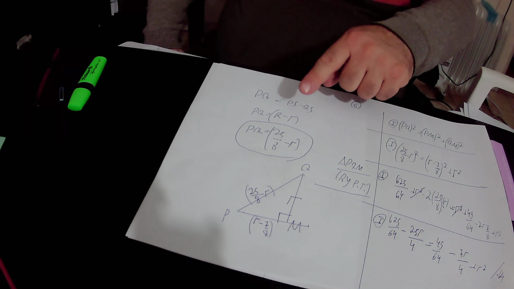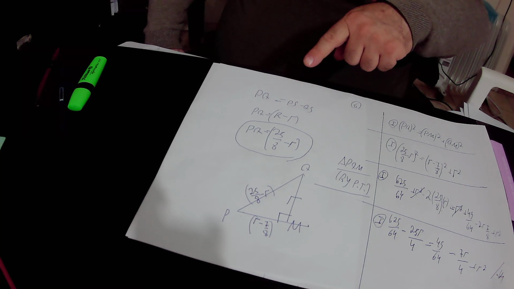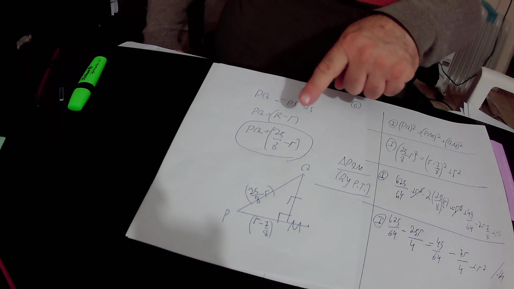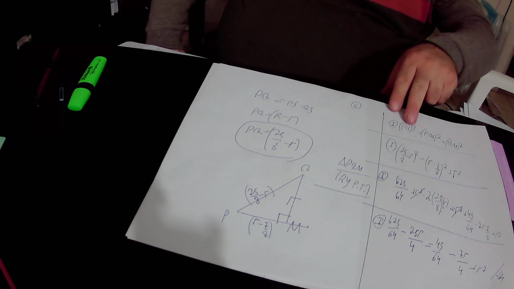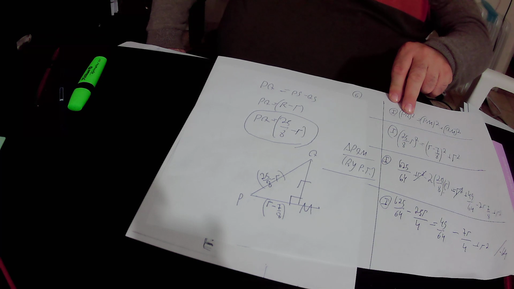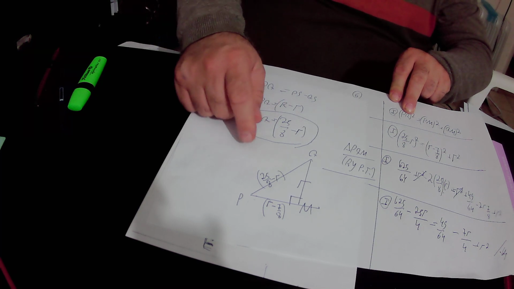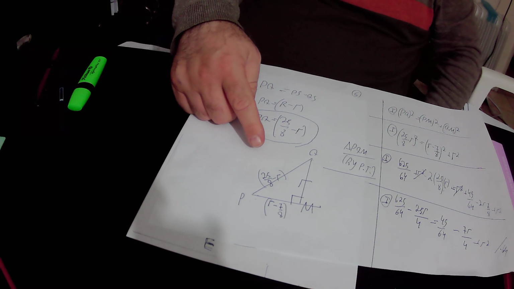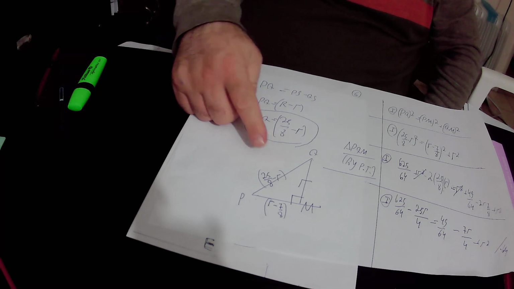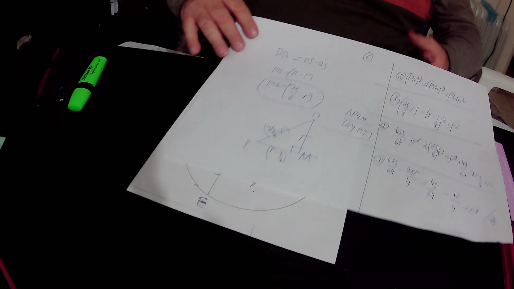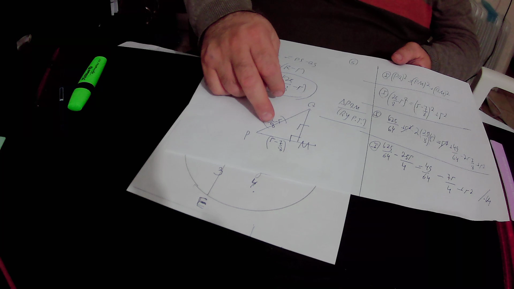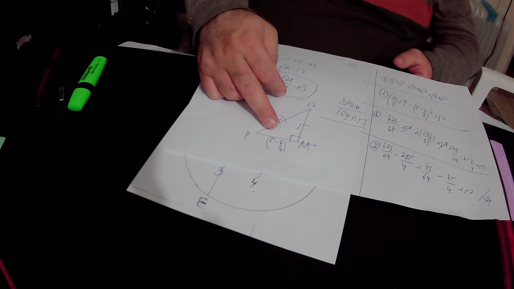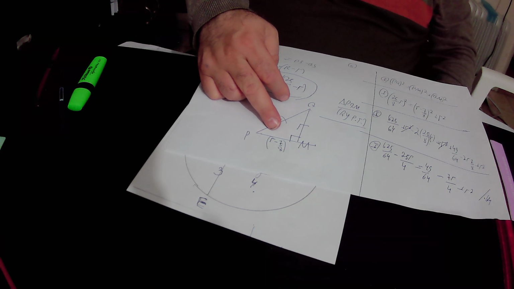Capital R equals 25/8, so PQ equals 25/8 minus small r. So in conclusion, the hypotenuse PQ equals 25/8 minus small r. And we have already found out that PM equals R minus 7/8.